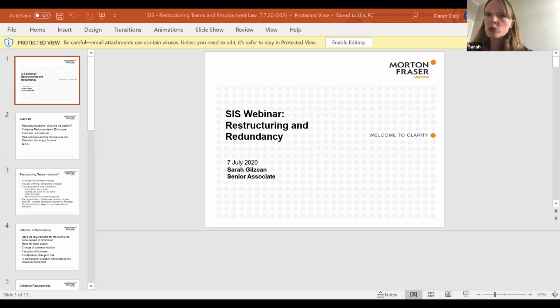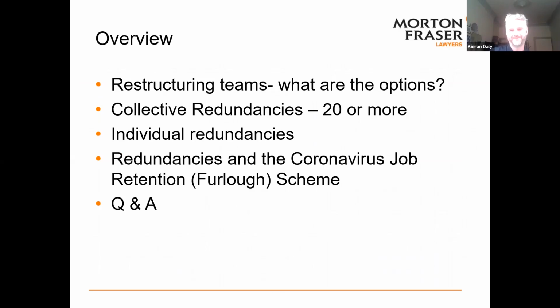So without further ado, if we could move on to the next slide, I'll give you an overview of the specific topics I'm going to cover. Great, okay, fabulous. So what we'll look at is restructuring. What are the options in terms of what you might be looking at for your organisations at the moment? What are the alternatives to redundancies? What can be done to avoid them? I look at, if you do need to make redundancies, the different processes that apply.